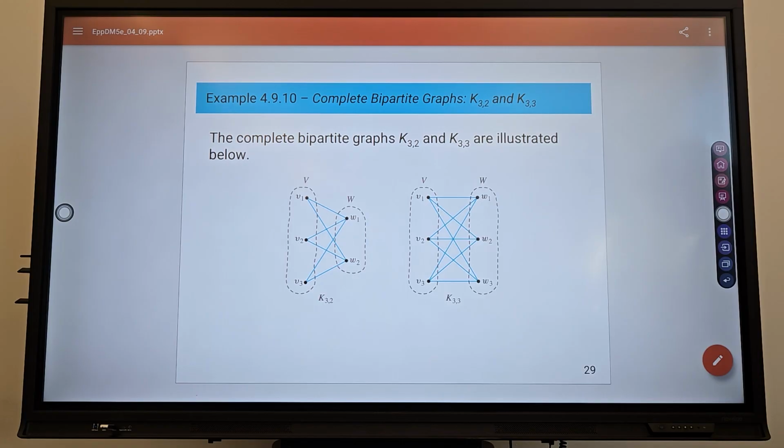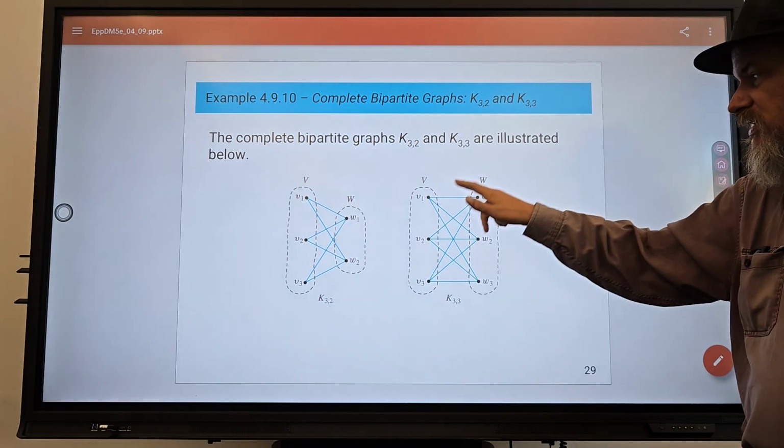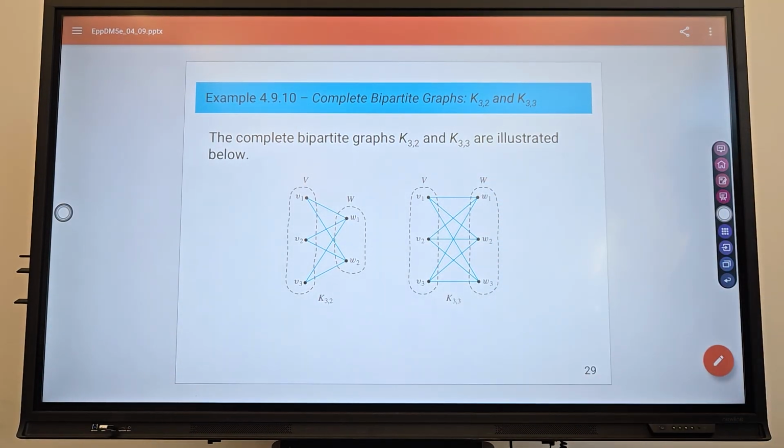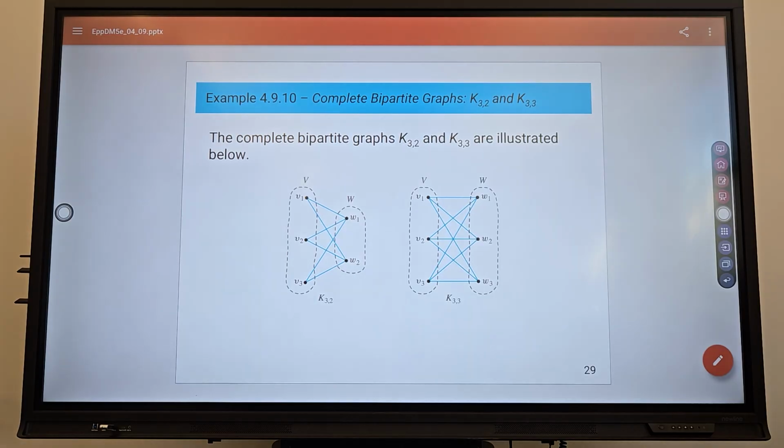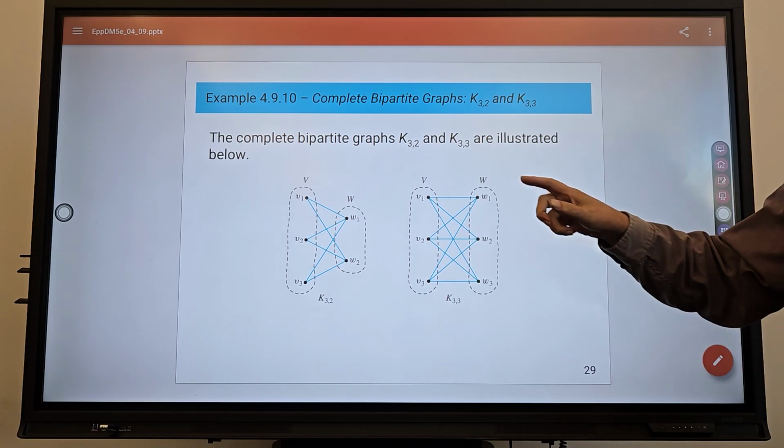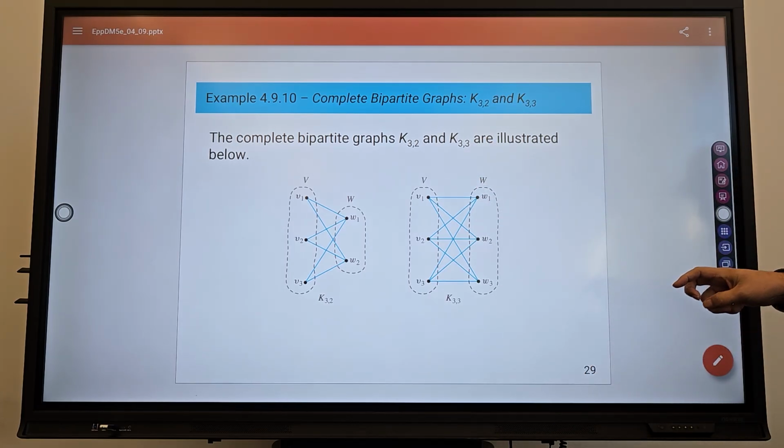That's what that means. Now, you'll find these types of graphs in neural networks. The layers of neurons are connected by complete bipartite graphs. So, they do calculations, and there's a lot of number crunching involved and all that sort of stuff.